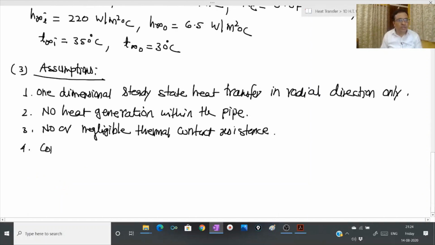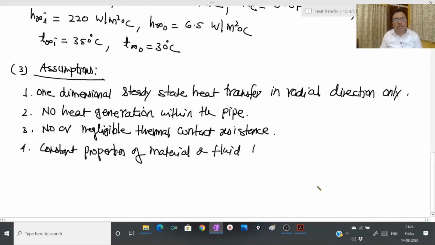Then constant properties of material and fluids. What does it mean? k and h values are constant. These are the important assumptions.